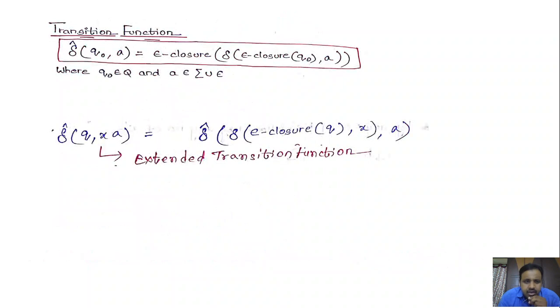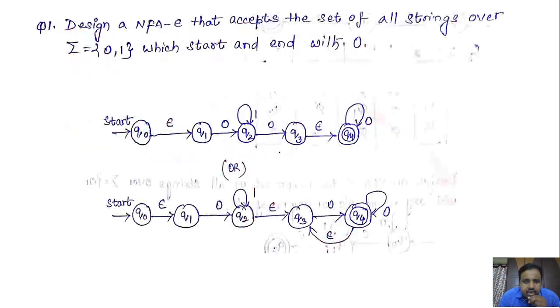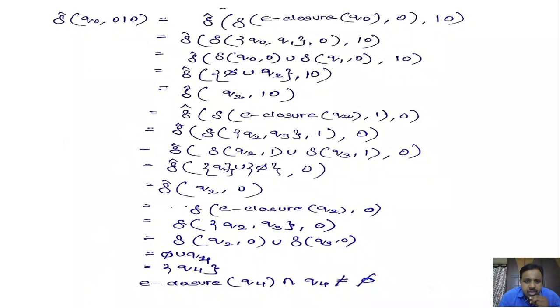Next, we saw how to write the transition function and how to define the extended transition function for NFA with epsilon. Then we saw some problems related to the construction of NFA with epsilon. We considered three problems in this category, and we also discussed how to check the acceptance of a string.